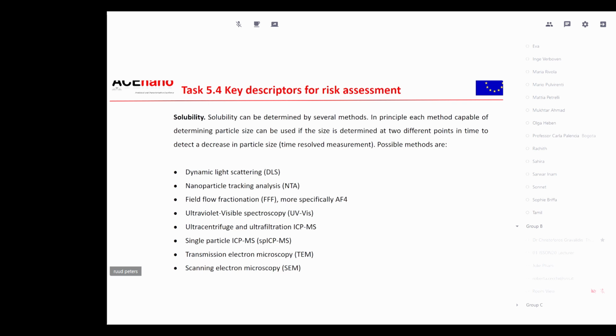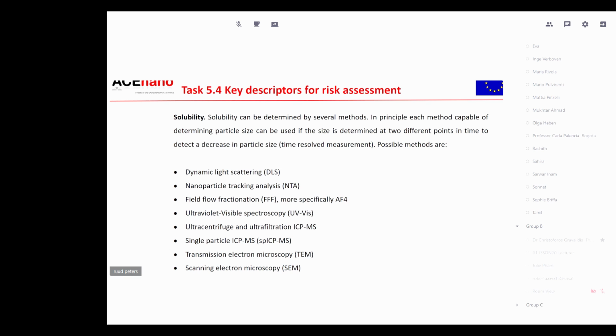Go to solubility now. And as you can see, we have a number of methods here which can be used to determine solubility. In principle, each method capable of determining particle size can be used to determine the solubility if you measure at 2 different points in time.